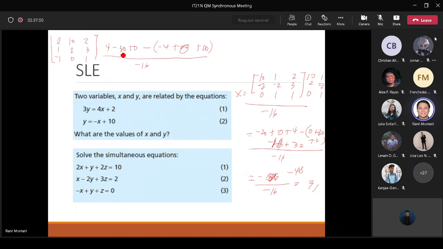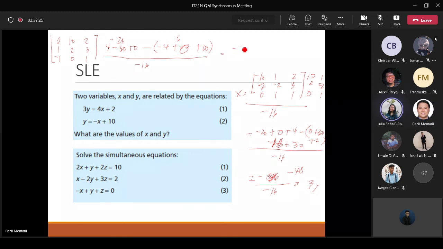So, what's the answer? This will give us what? This is negative 26. Then this will become positive 6. Negative 26 minus 6 is what? Negative 32.